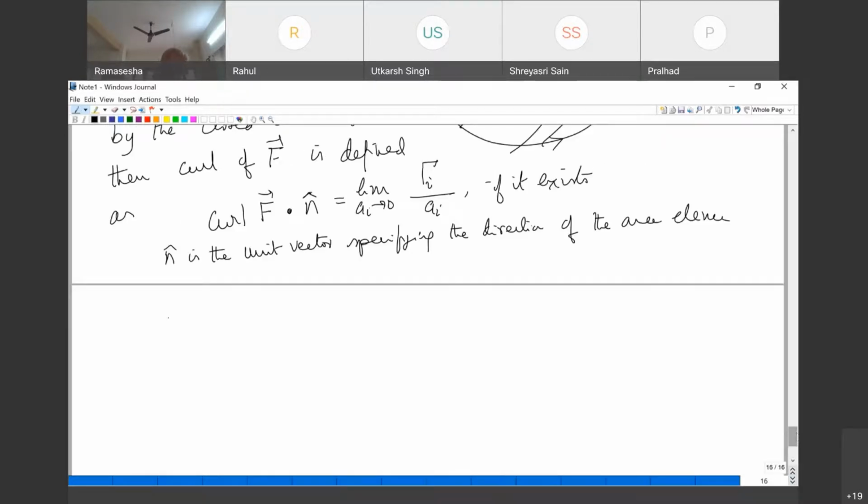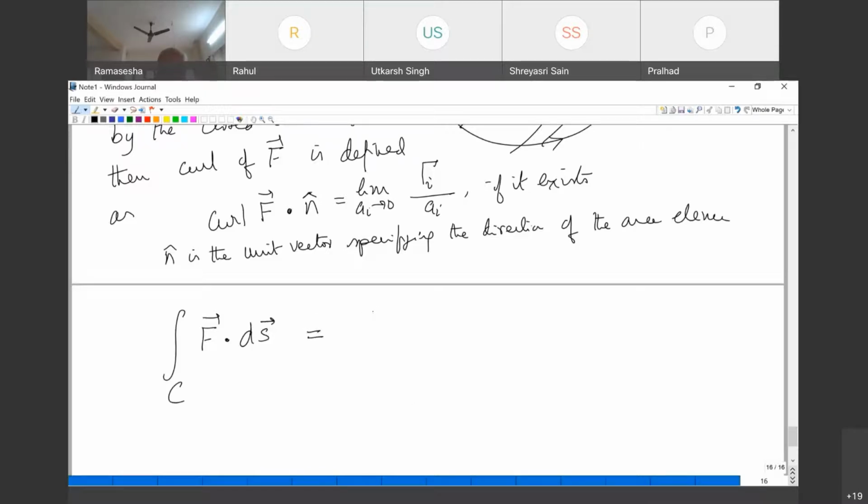Okay, so that I can write down the integral over the curve. What did we have? F dot ds. This is actually a line integral.